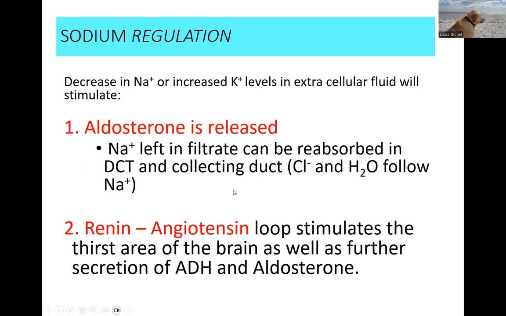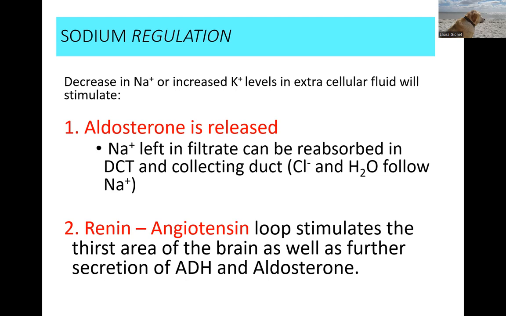Okay, so aldosterone is released, sodium in the filtrate gets reabsorbed, we secrete potassium, you all know that. Renin-angiotensin: we know that renin is released by the juxtaglomerular cells of the afferent arteriole. It acts as an enzyme to convert angiotensinogen to angiotensin 1, and then angiotensin 1 needs to be converted to angiotensin 2 by ACE.